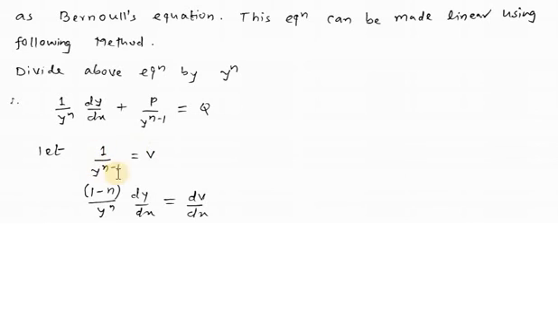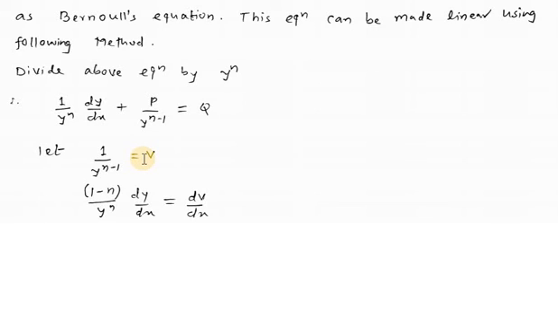Now differentiate this with respect to x. So differentiating 1 over y raised to n minus 1 with respect to x, it will become (1 minus n) over y raised to n, and y is a function of x, so again we have to differentiate y with respect to x, so it will become dy by dx. You have to write 1 over y raised to n minus 1 as y raised to 1 minus n.